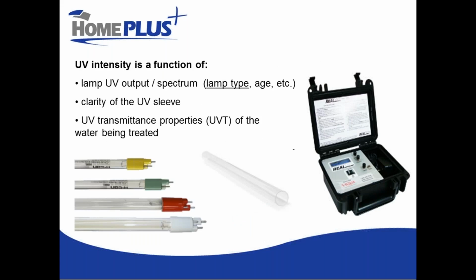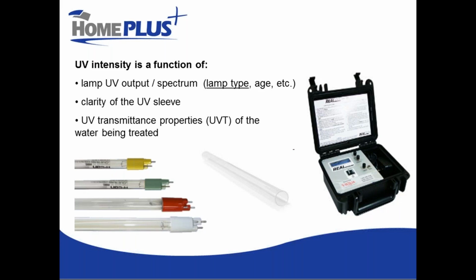So what kinds of things affect intensity? Well, there are a few that are most critical for us to care about. The intensity of the UV lamp itself is really important, and there are varying degrees of effectiveness or intensity out of different lamps on the market.